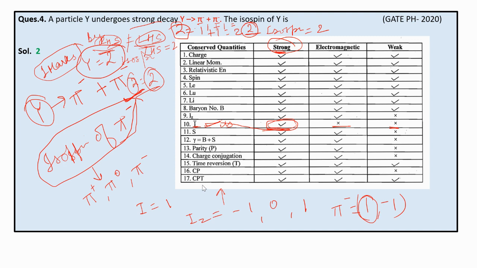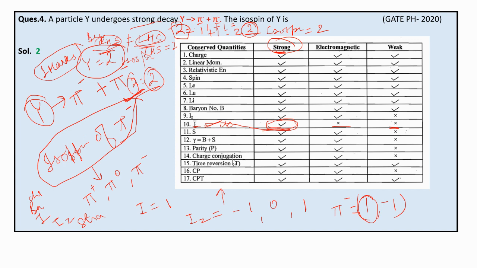So you need to find out each quantity: first charge, baryon number, isospin, Z component of isospin, strangeness. You need to find these so that at the end you can conclude that this reaction will proceed via this interaction. If I give you an equation and ask by which interaction the reaction will go, either strong, electromagnetic, or weak, you need to calculate these quantities to come up with the answer.